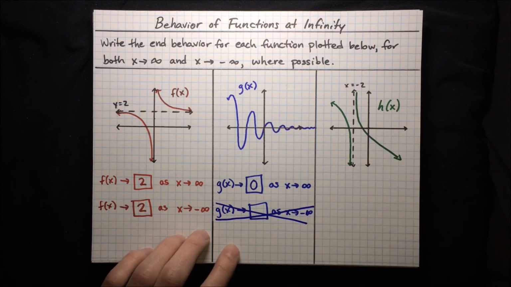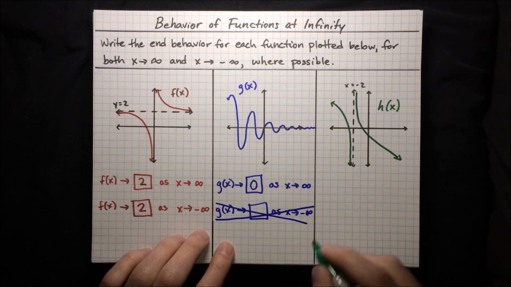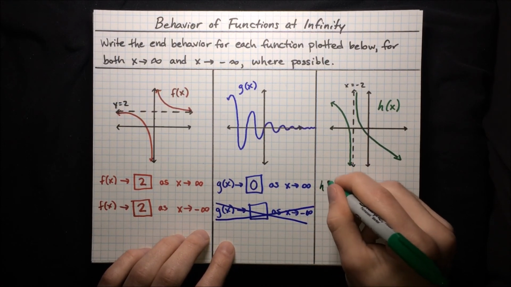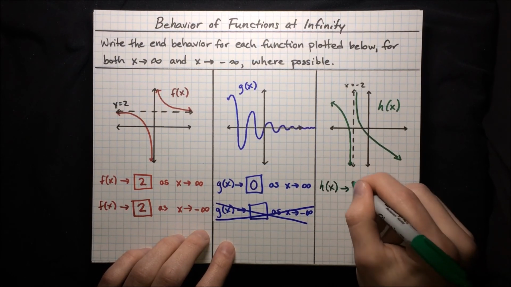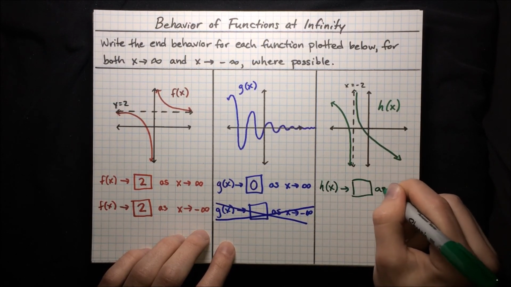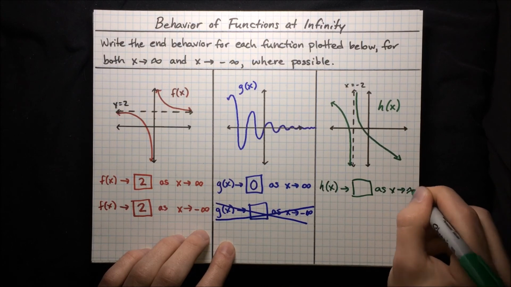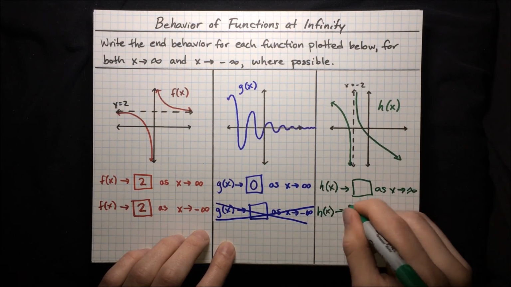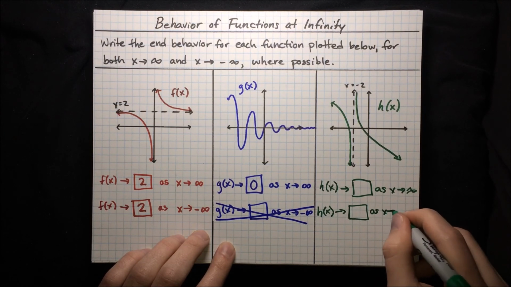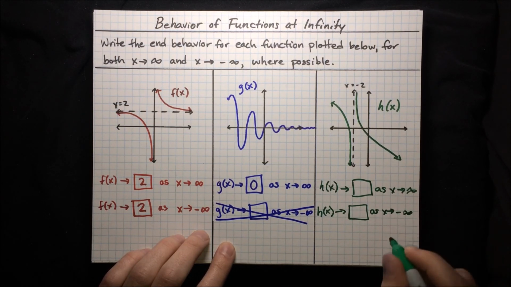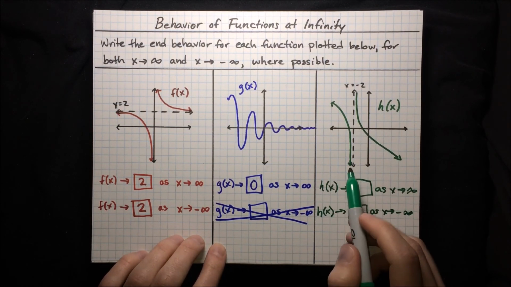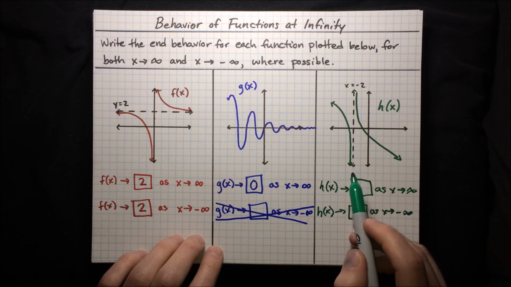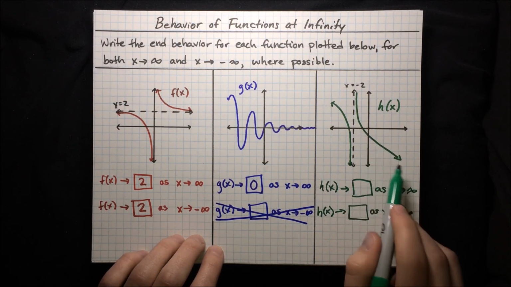Okay, so now let's take care of the last one. H of x, write down our template. H of x goes to what as x goes to infinity, and also h of x goes to what as x goes to negative infinity. Looking at this again, remember all that matters is what happens at the ends of the function.